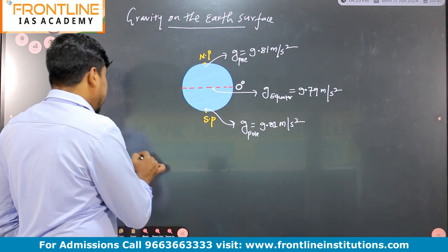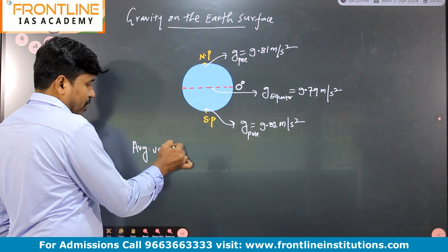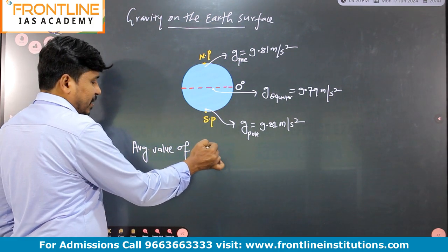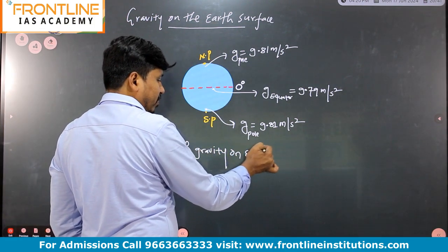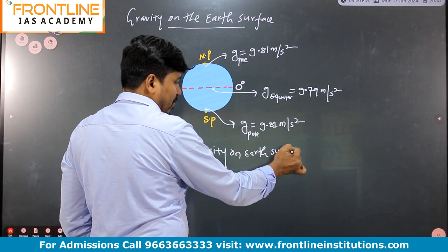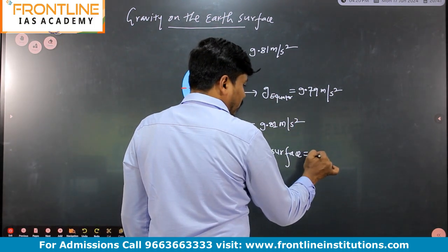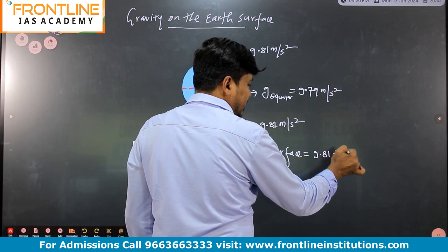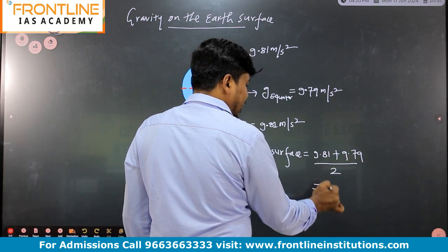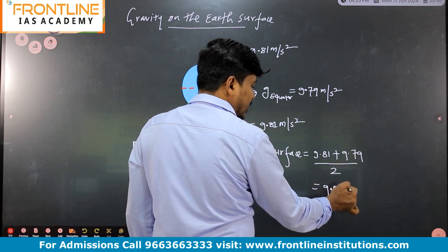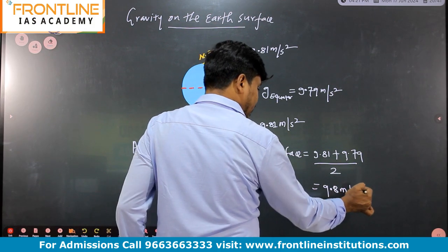And if you take the average value of gravity on the earth surface, here 9.81 plus 9.79 divided by 2, you will get 9.8 meter per second square, right?